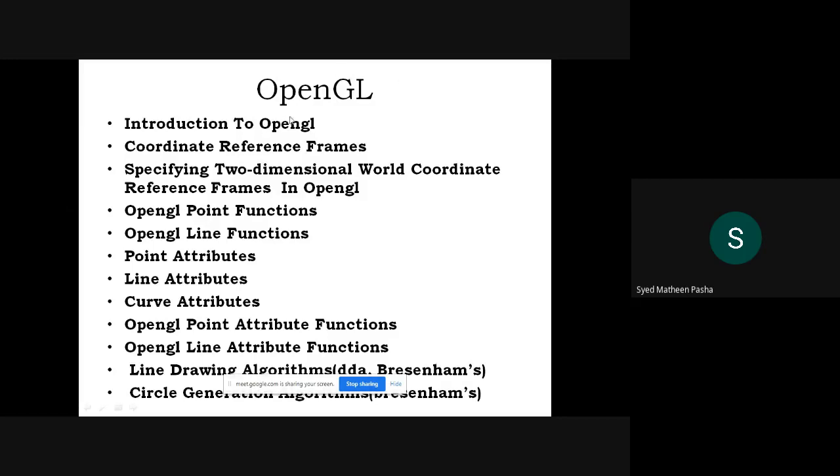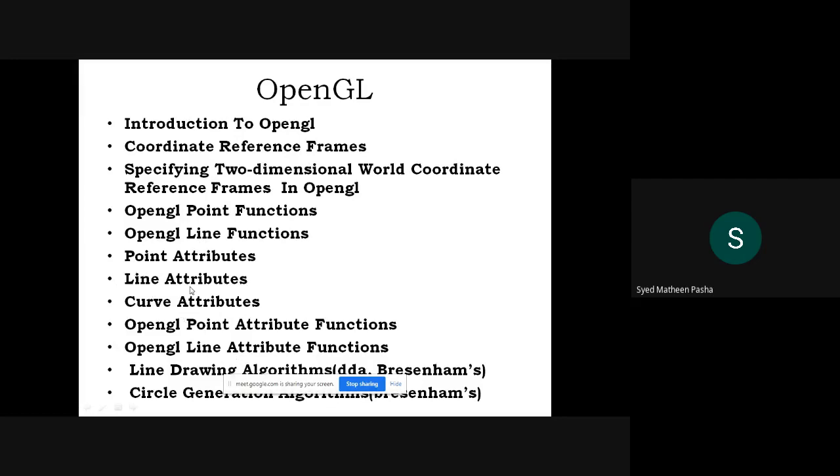So next we studied the software, which is OpenGL. I guess I have covered all these in the OpenGL software. First, we studied the introduction to OpenGL, then the coordinate reference frame, then specifying a two-dimensional world coordinate reference frame in OpenGL, then point functions, line functions, point attributes, line attributes, and curve attributes.